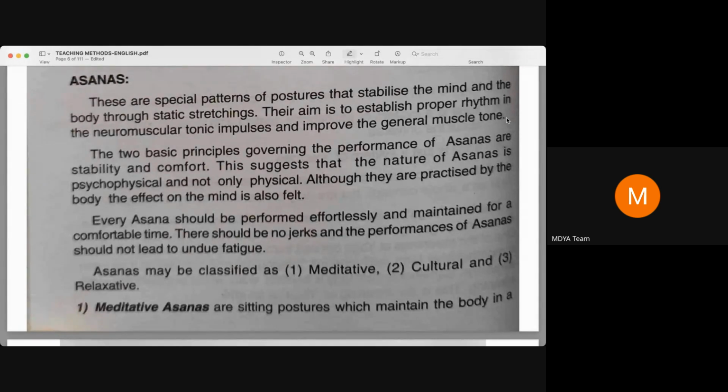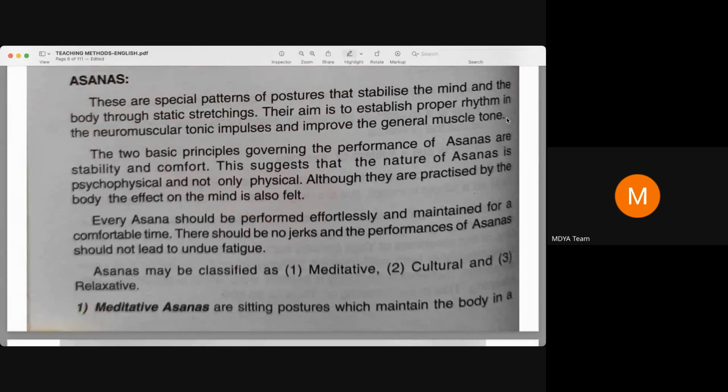There should be a rhythm between your muscles, your nerves, your bones, your joints, and we have to tone all those together with our breathing.